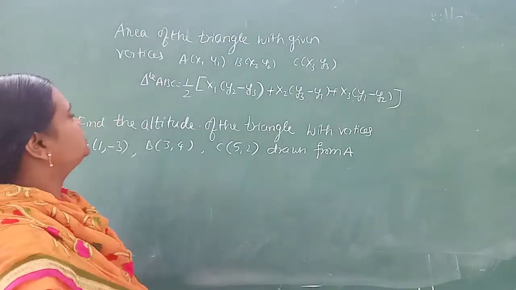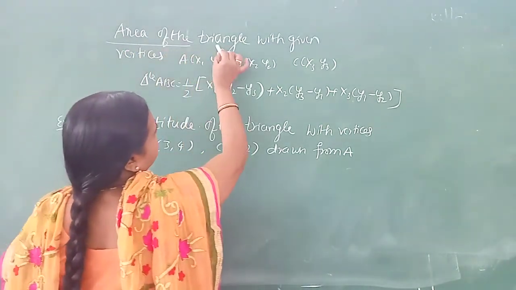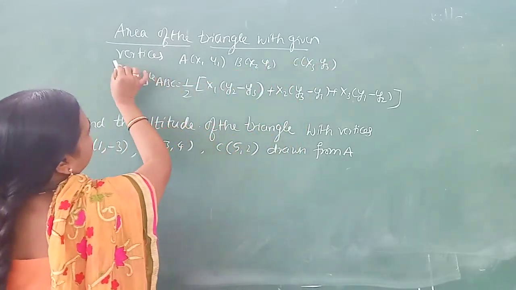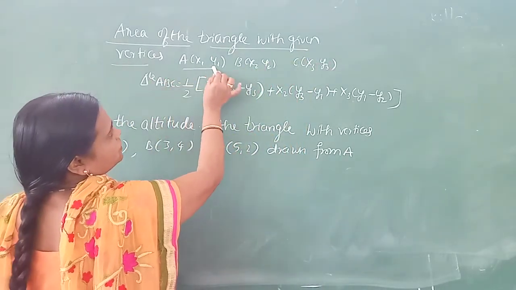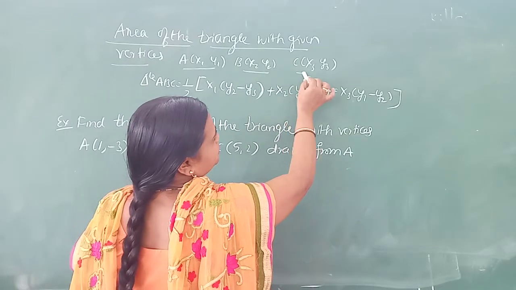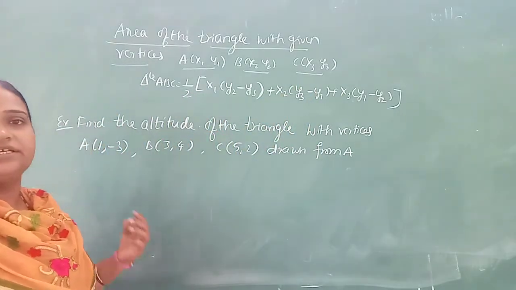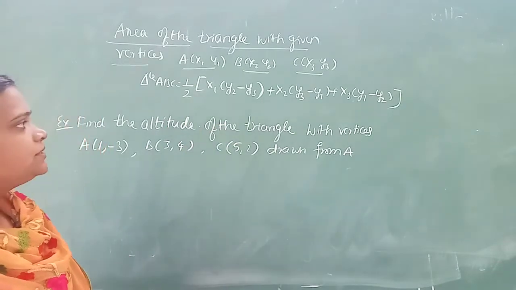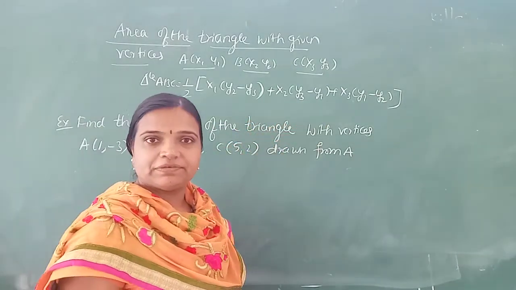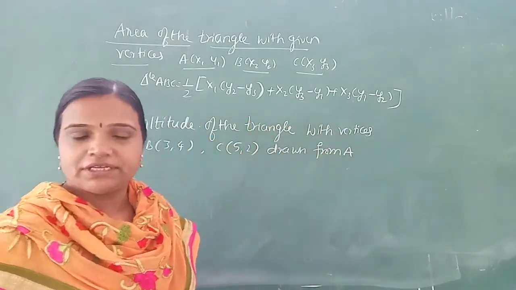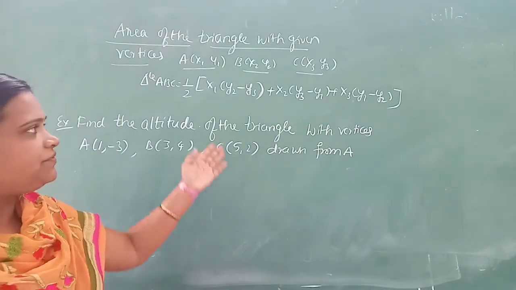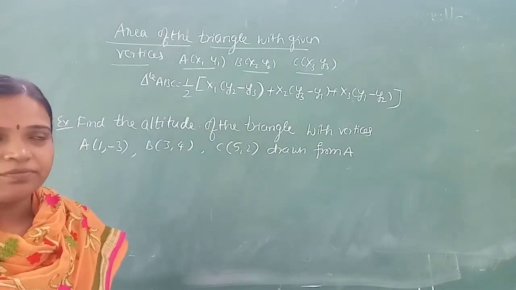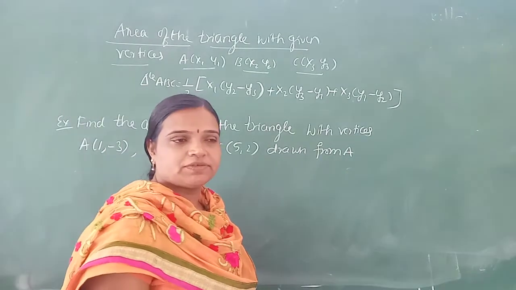Last class we learned the area of the triangle with given vertices A(x1, y1), B(x2, y2), C(x3, y3) is half of x1(y2 minus y3) plus x2(y3 minus y1) plus x3(y1 minus y2). We derived this using which plane? The XY plane.